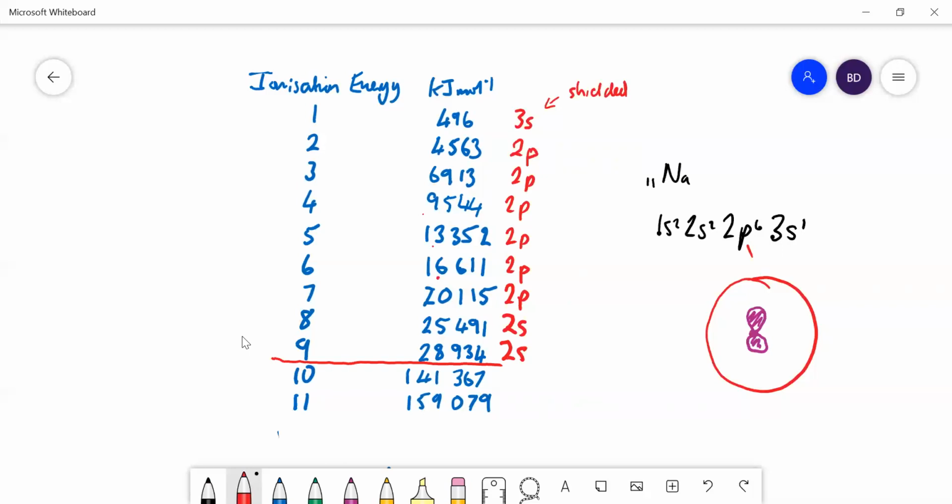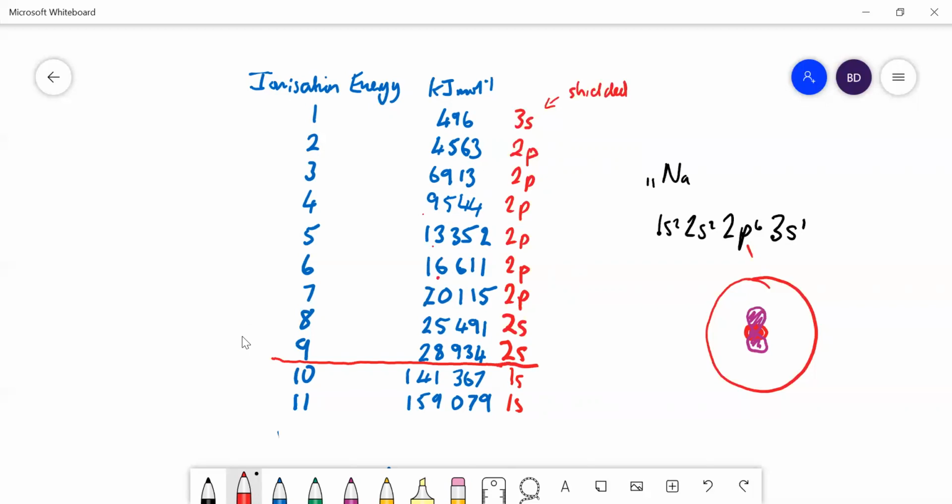You can probably see it's because we're removing it from 1s now. And 1s, I'll draw it in the same diagram there, is much smaller, much closer to the nucleus than 2s or 2p. And also, it's not shielded by any other electrons, because it's the shell which is closest to the nucleus. So that's why it jumps up massively there.